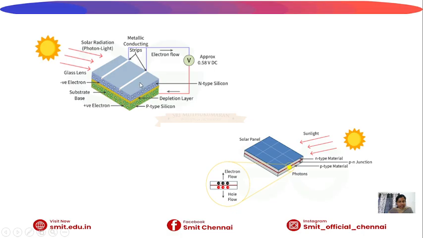Here is the elaborate structure. This is the solar cell. There are two metallic conducting strips, connected to the voltage, an approximate direct current voltage like 0.58 volt. This is the n-type silicon and this is the p-type silicon. The center yellow layer is called the depletion layer, produced by the n-type and p-type silicon. The p-type side is positive and the n-type silicon is negative.